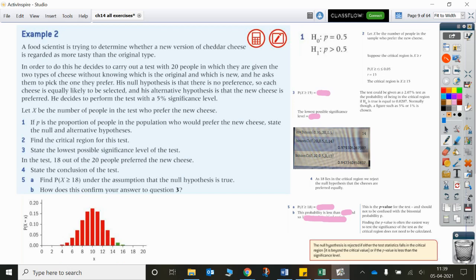So if we're in the top 5% of the original distribution, then we're starting to think that probably the new cheese is preferred, and it's preferred at a 5% significance level.